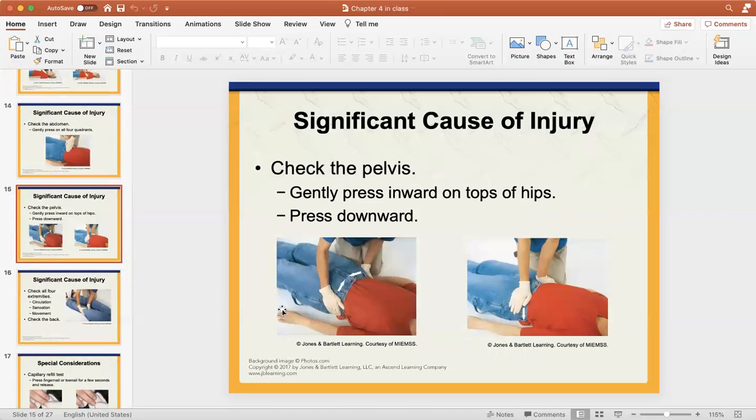Then we're going to check the pelvis. So we're going around the hip area as you see here. You're gently going to place your hands on the outside and squeeze in, see if they have any pain that way. If they do not have pain that way, then you're also going to press down on the hips to see if maybe we have some form of hip injury.